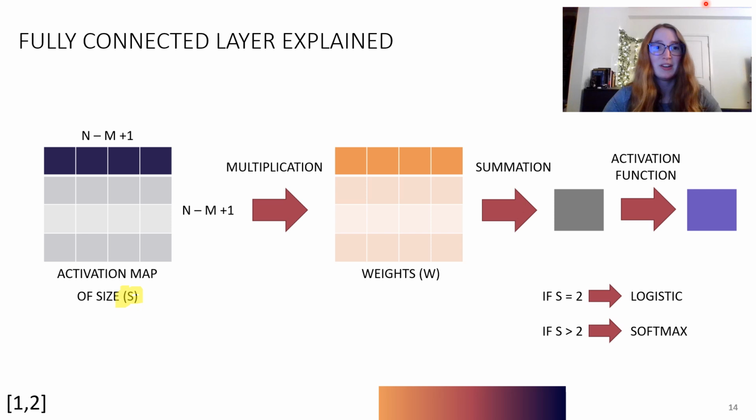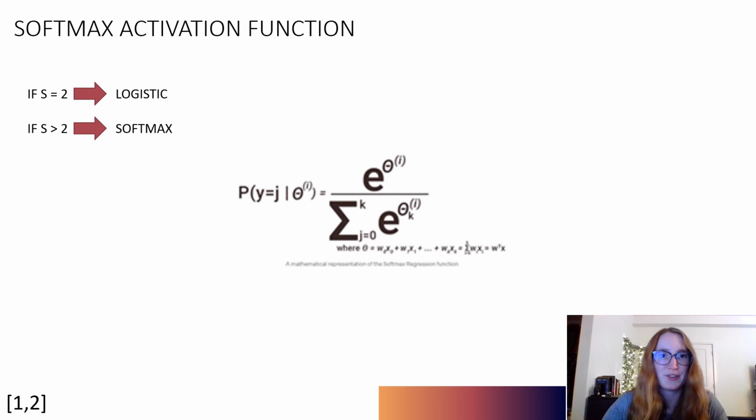So at this point, you might find yourself asking, as I did, what is the difference between logistic and softmax activation functions? In addition to this question, you might be wondering how these weight matrices were determined to begin with. To address this first question, a softmax activation function, sometimes referred to as a softmax regression, is a form of logistic regression in which the input value is normalized so that the input becomes a vector.